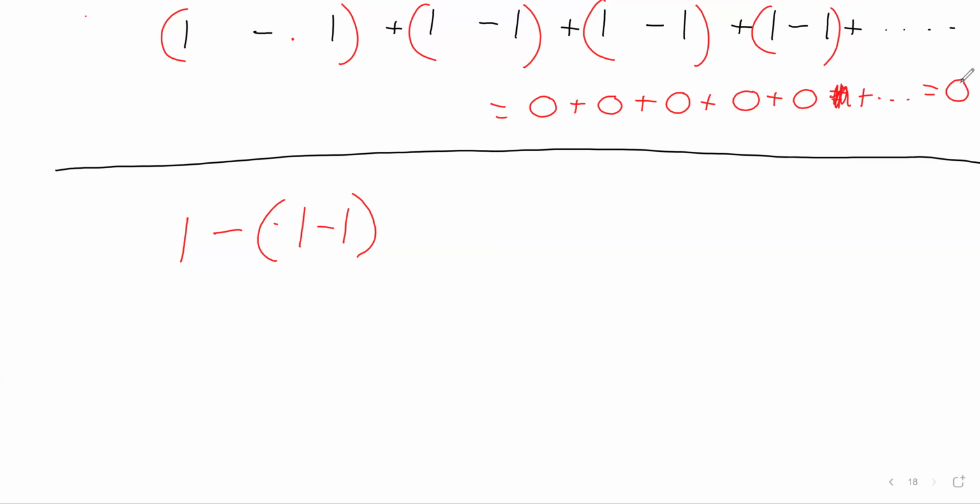This minus and this minus cancel, giving you this positive 1 minus 1 minus 1 minus 1 minus 1 minus 1 minus 1.